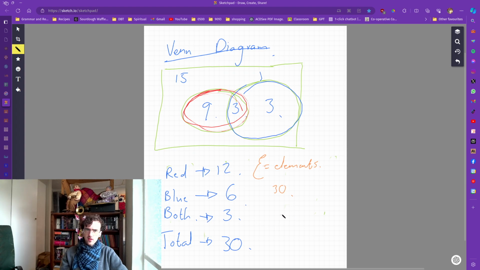So n of A is equal to 30. I'm going to make this whole thing A. I'll make this one B. I'll make this one C. So my number of elements in B, which is the red, would be 12. My number of elements in C would be 6. Makes sense?